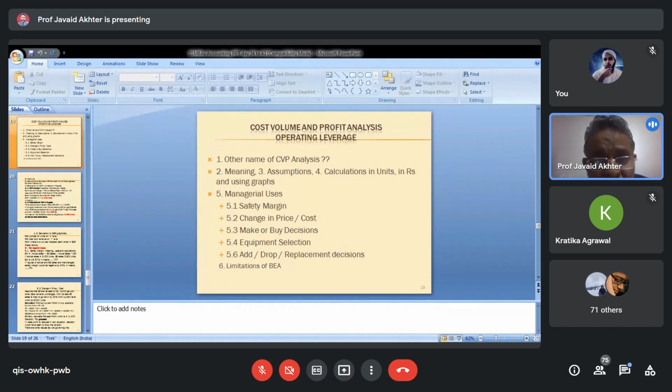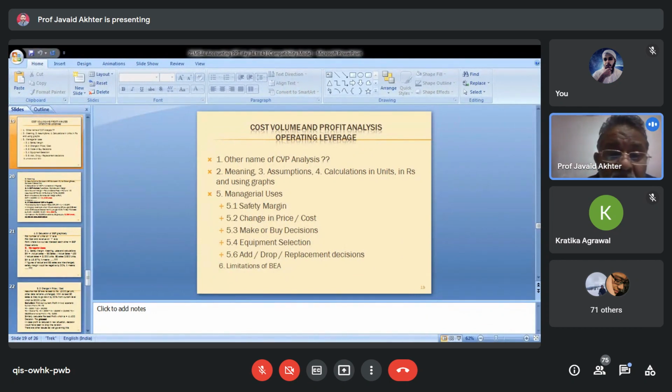We can calculate the break-even point in units to be sold in order to break even, or we can calculate the break-even point in rupees, that is, how many rupees of sales are needed to break even, or the same can be depicted using a graph. After calculation there will be a recommendation or conclusion, so first we have to calculate, and only then is interpretation possible.